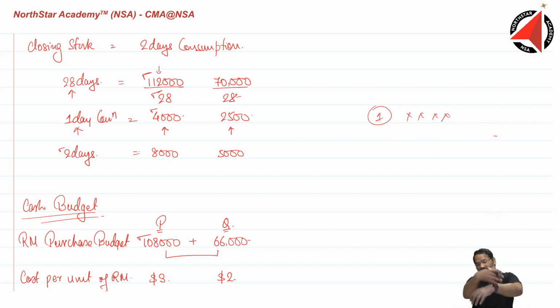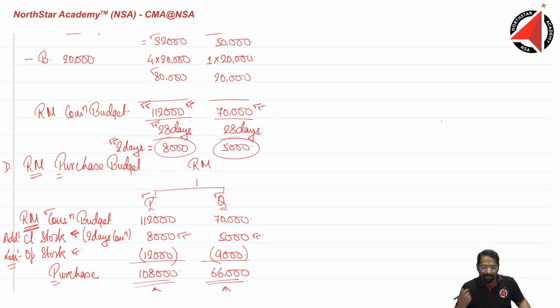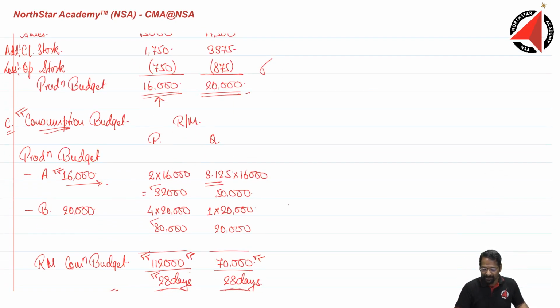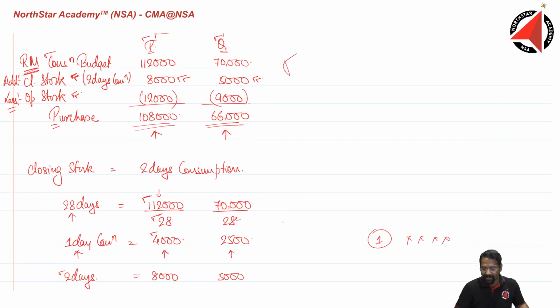I will end up revising the entire question, starting from the beginning. Please go back and watch the recorded lecture once again. That much you have to do. If you cannot, it will be very, very difficult.